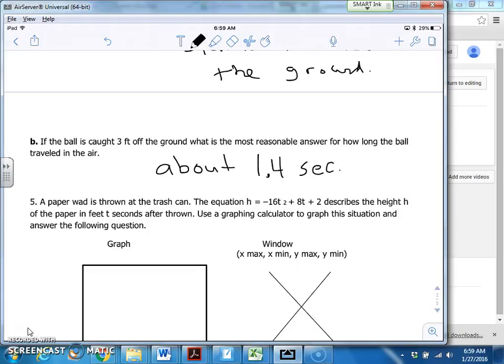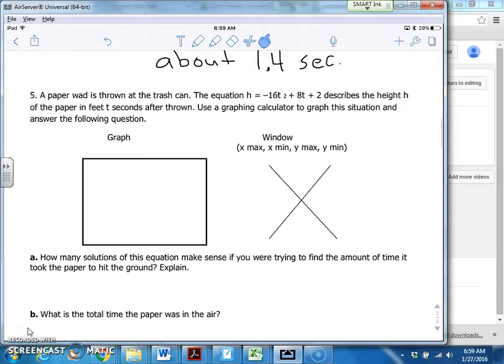All right. Go ahead and pause now if you need to go back and fill some of that in. I'm going to go on to number 5. Number 5 says a paper wad is thrown at the trash can.